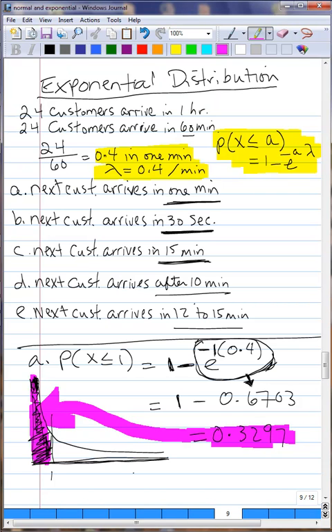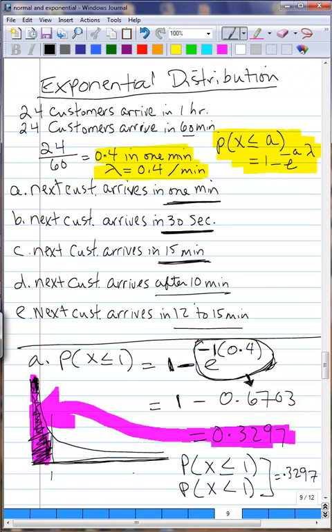The next video will take you through parts B, C, D, and E. But before I go there, let me just tell you that whether I say the probability of customer arrival being less than or equal to 1 minute, or within the first minute, or the probability of the customer arrival being less than 1 minute, both of these have the same answer of 0.3297.